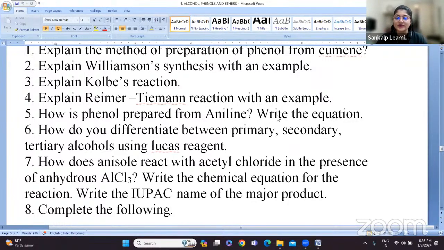Yes, so this also we have seen. So aniline is converted into what? What is this reaction called, students? What is the name of the reaction?